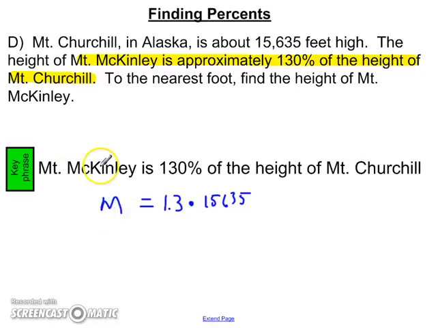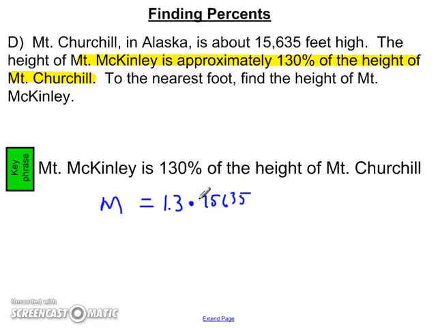So if I just use M for the height of Mount McKinley, this key phrase is telling me that M is equal to 1.3 times 15,635. In this case, I don't have to solve an equation because I have my numbers on the right side of the equal sign, and it's telling me just multiply them together and you're done.